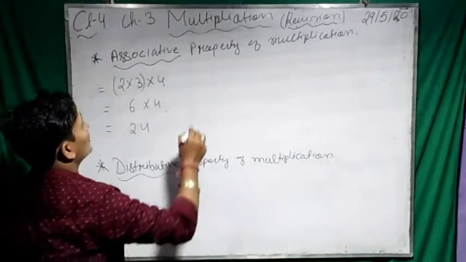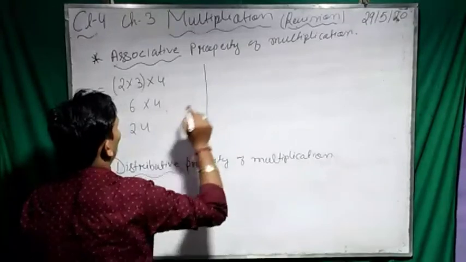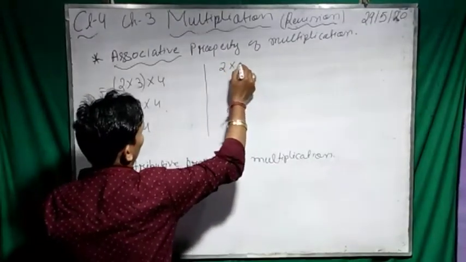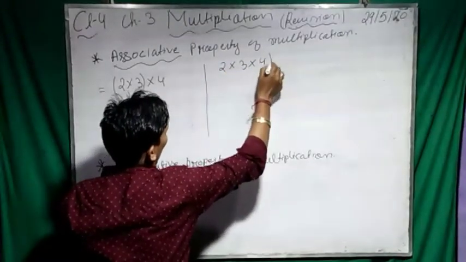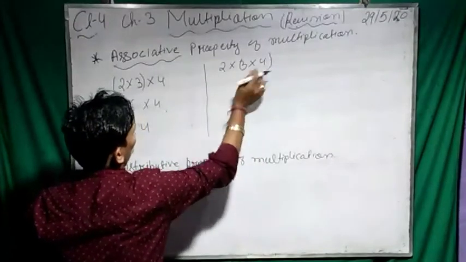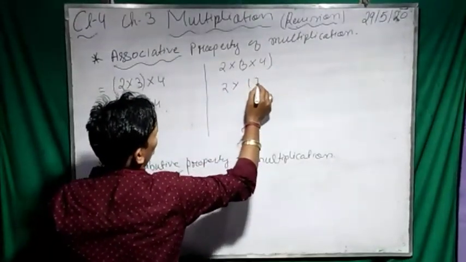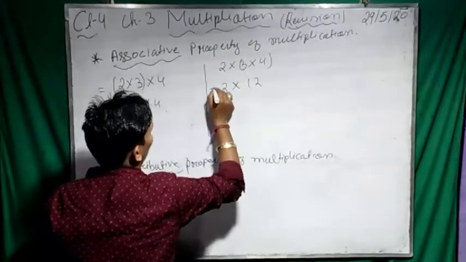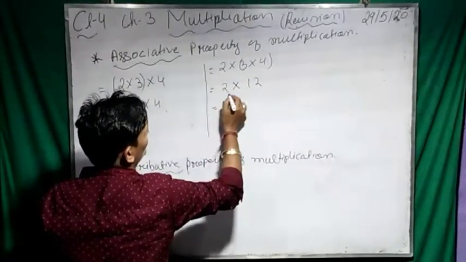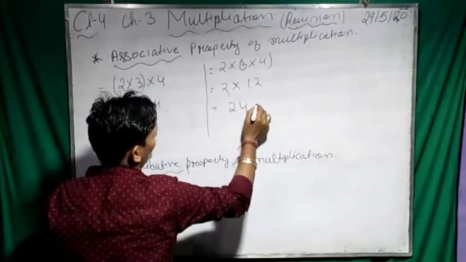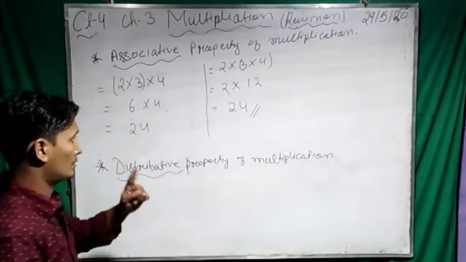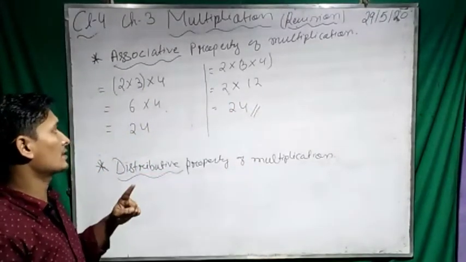First see the example. Now the same numbers I am writing here, but now I will multiply the last 2. So 2 multiplied by (3 times 4, which is 12). Then 2 times 12 is 24. Now see the differences.